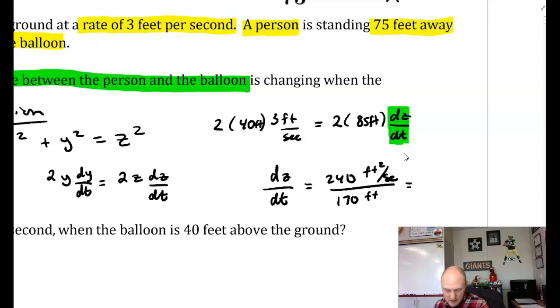We could have just reduced by 2, that's 120 over 85 feet per second. So that's how fast the distance between the person and the balloon is changing.